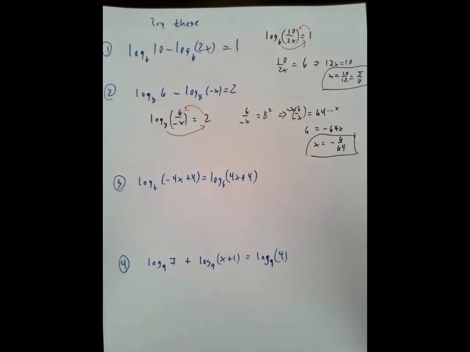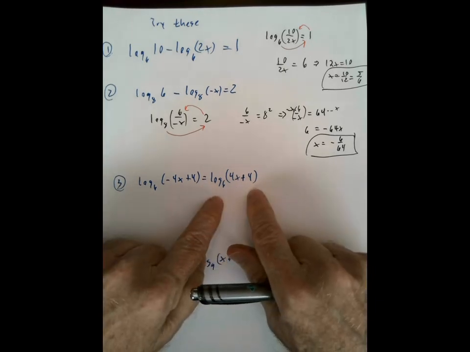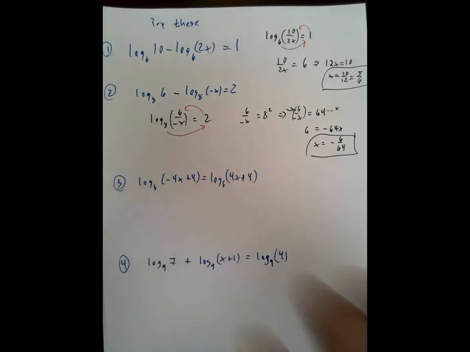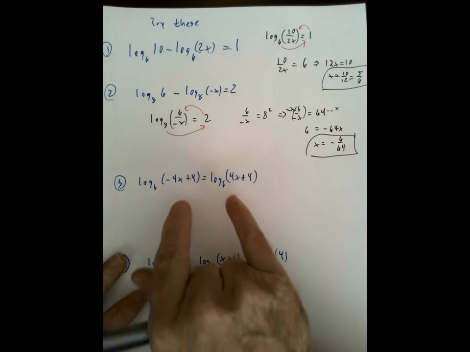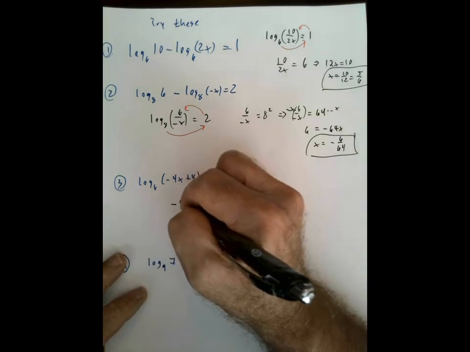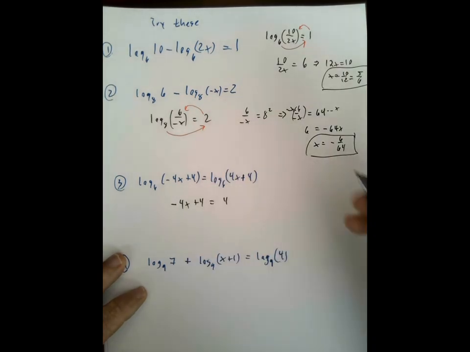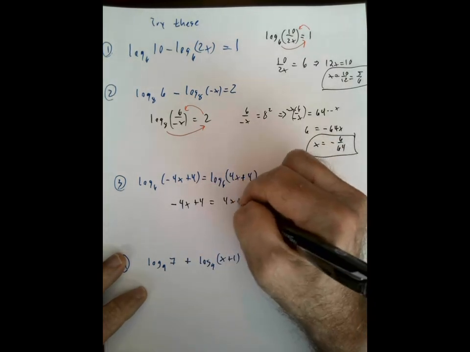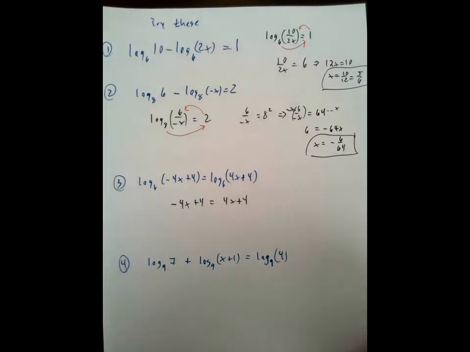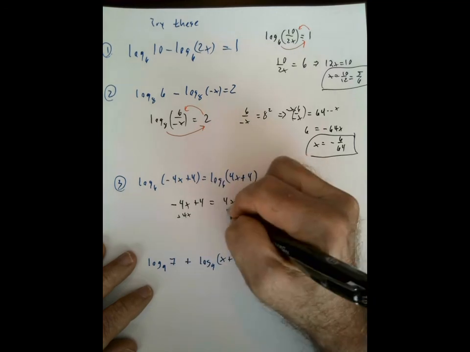This has got a log on both sides. Hopefully you didn't have to think too hard about this. We've only got one log here and one log there. They're both log 6, so they both cancel, because the interiors have to be equal if the bases are the same. So negative 4x plus 4 is equal to positive 4x plus 4. We add 4x to both sides.